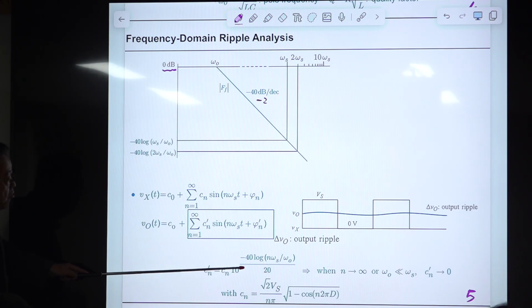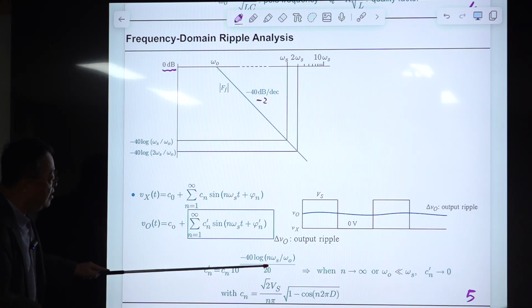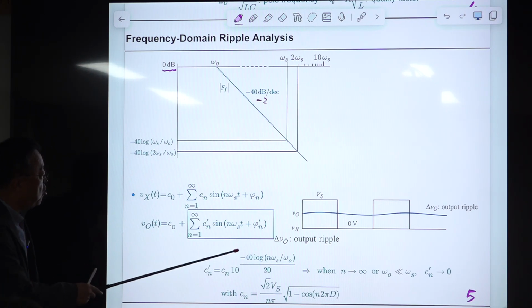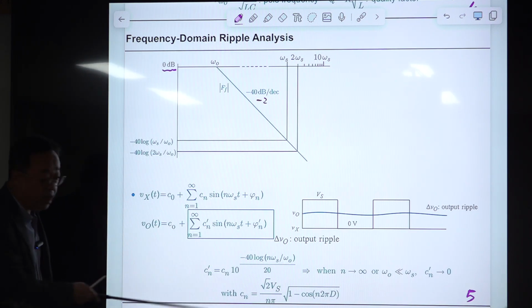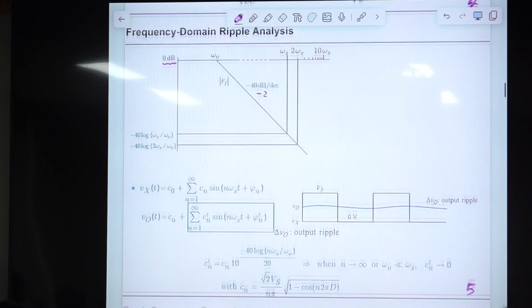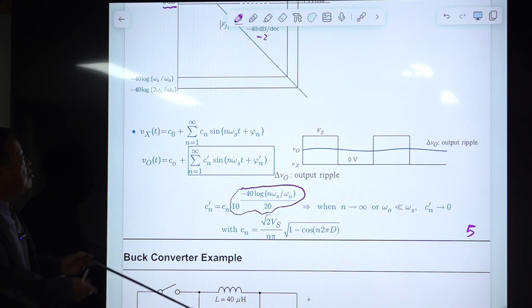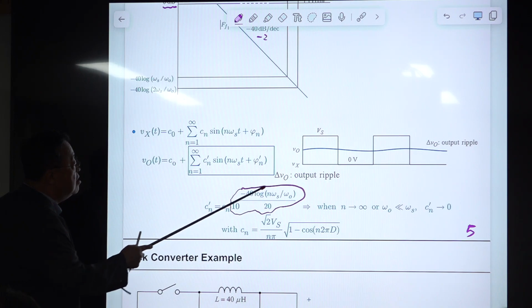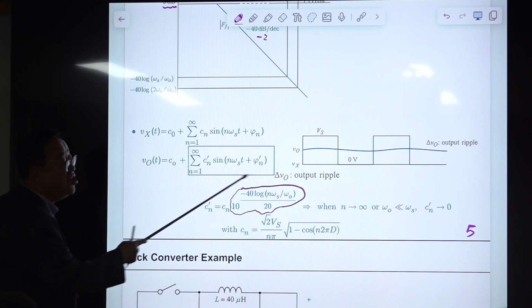For n omega s, n is an integer. For n equal to 1, 2, 3, we have this attenuation factor. This is not complicated at all. It looks complicated, but conceptually it is extremely obvious, right? Because you have this number in log scale, we need to change the log scale attenuation to linear scale.